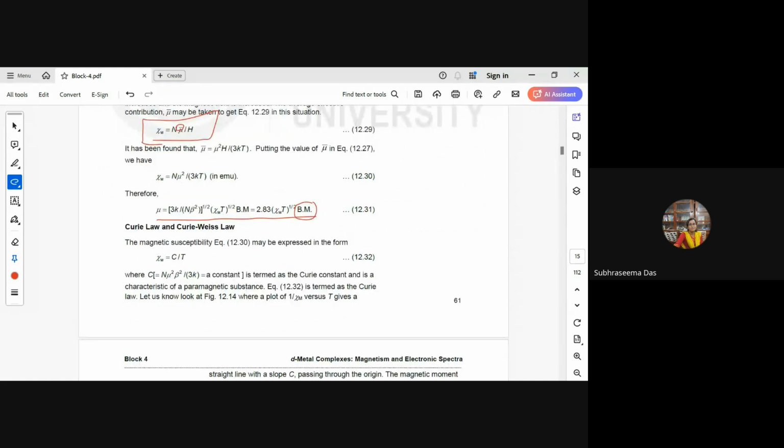Then coming to Curie law and Curie-Weiss law, the magnetic susceptibility obtained here in 12.30 is expressed in the form chi m is equal to C by T, where C is the constant that has been obtained here, called the Curie constant, and it is characteristic of a particular substance.